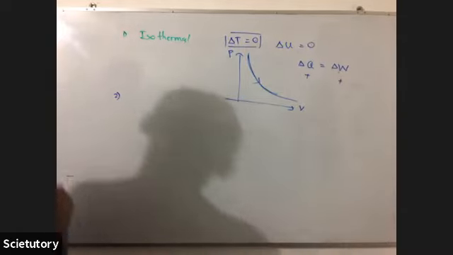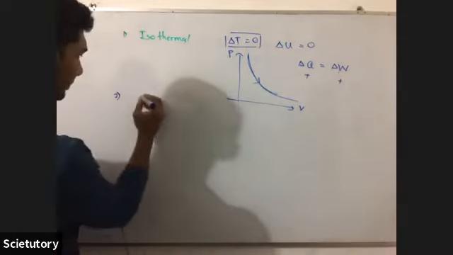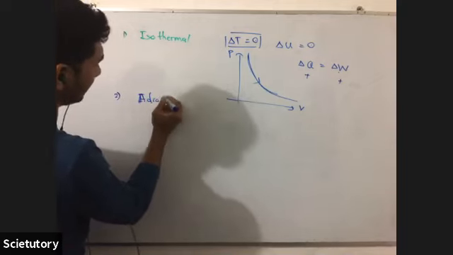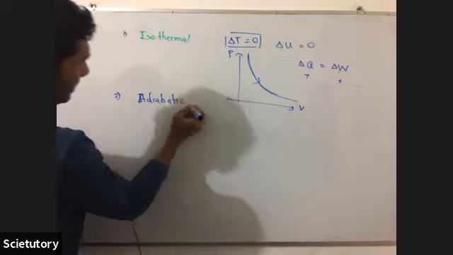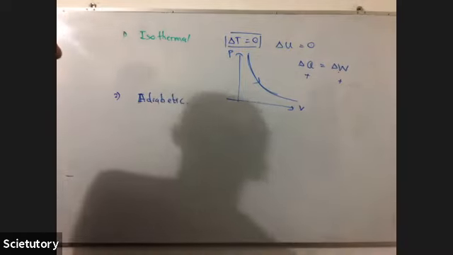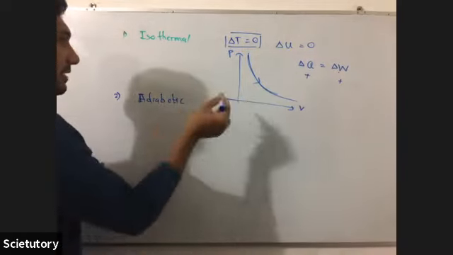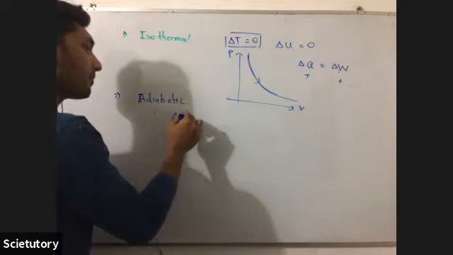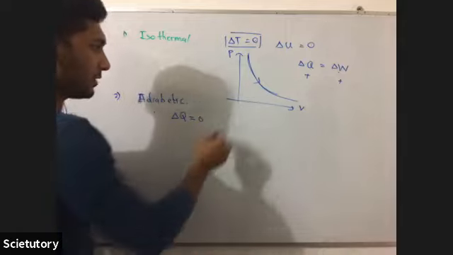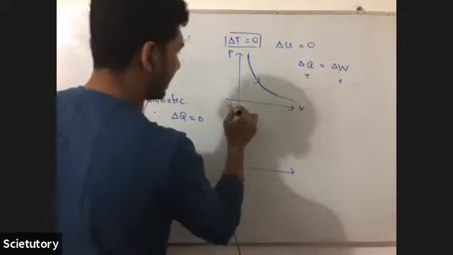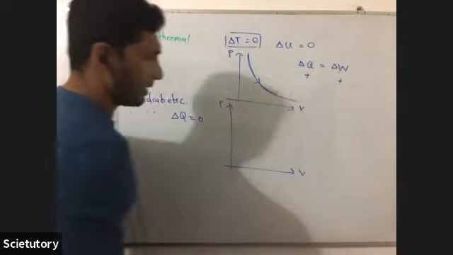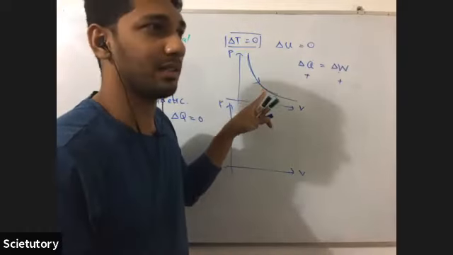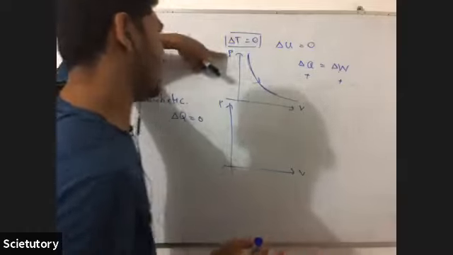The second process is adiabatic. Here delta Q is 0. In an adiabatic process, if you draw a PV graph, it will be similar to this graph, but the change of the pressure is high.